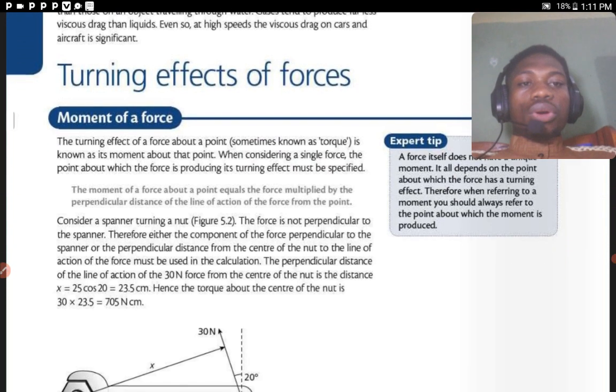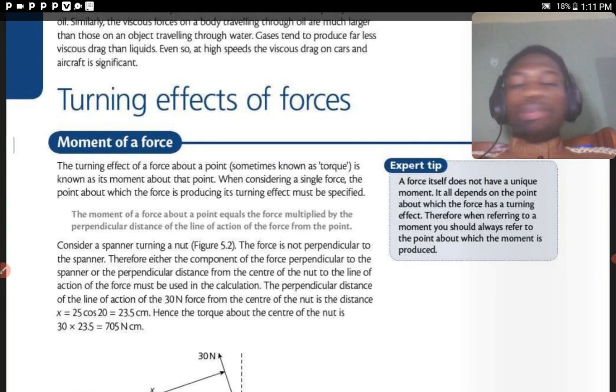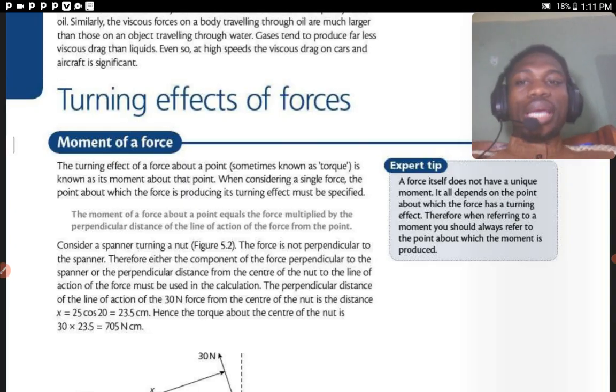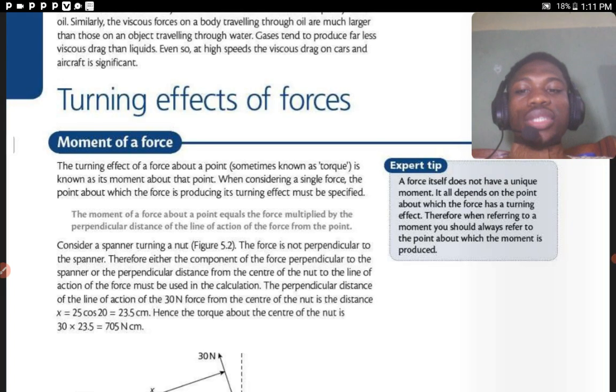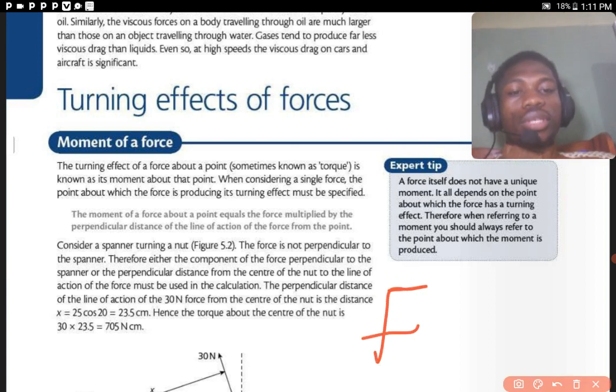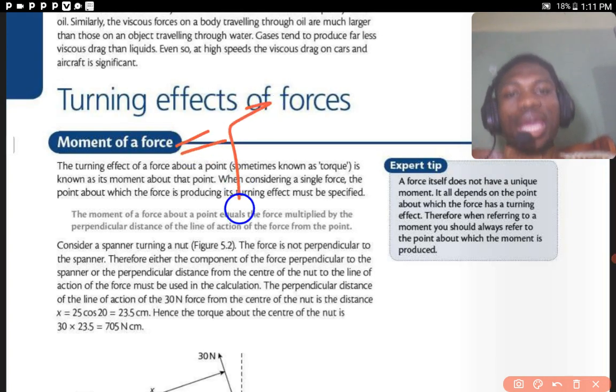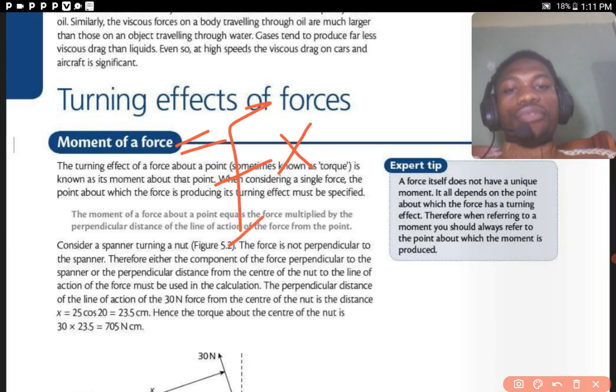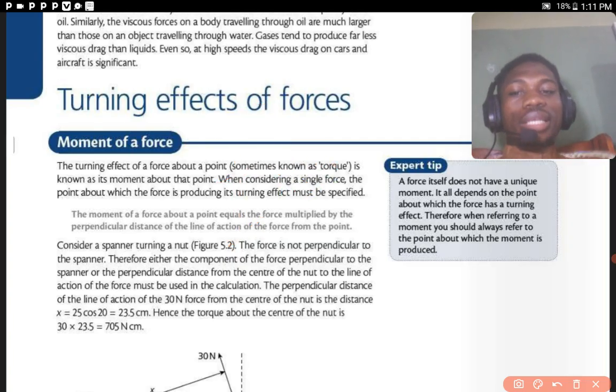After mentioning this, we can move ahead to the turning effect of forces. Talking about the turning effect of forces, we are talking about moment. What is the moment of a force? The moment of a force is defined as the product of that force times the distance. The moment of a force is given by F times x, the force times the distance from the pivot.